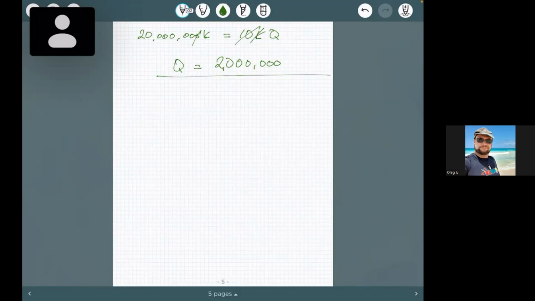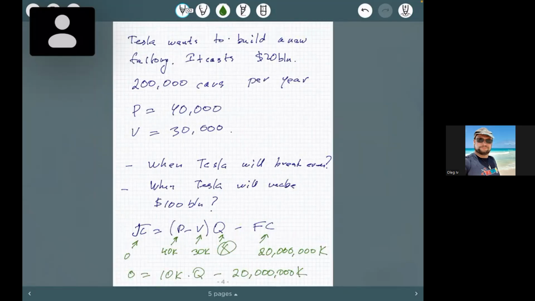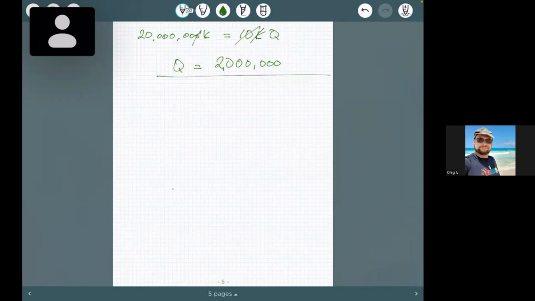Not the final answer, because 2 million is quantity. We go back here and we produce 200,000 cars per year. So kind of part B, how long?